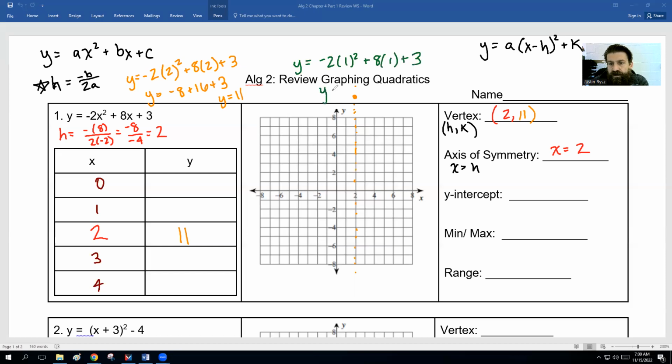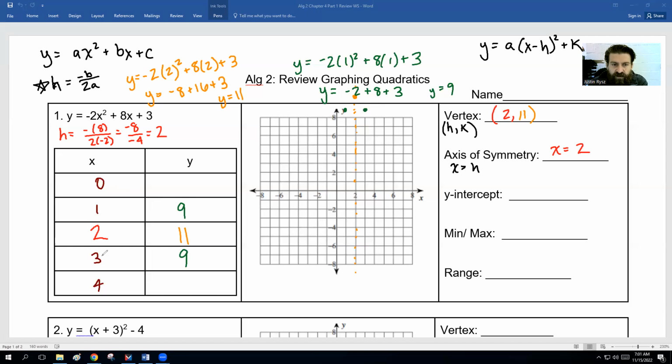All right, 1 squared is 1. 1 times negative 2 is negative 2. 8 times 1 is 8, and 3. So negative 2 plus 8 is 6. 6 plus 3 is 9. So that means 1 goes to 9, and because it's symmetric, 3 would also go to 9. So 1's at 9 here, 3 would be at 9.